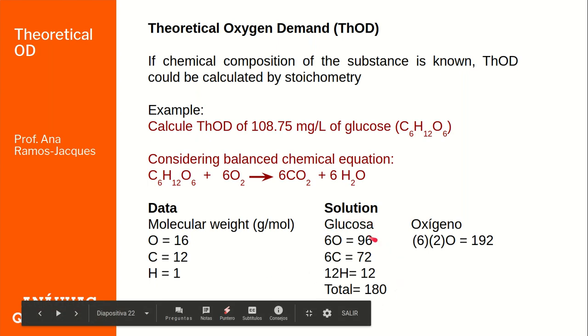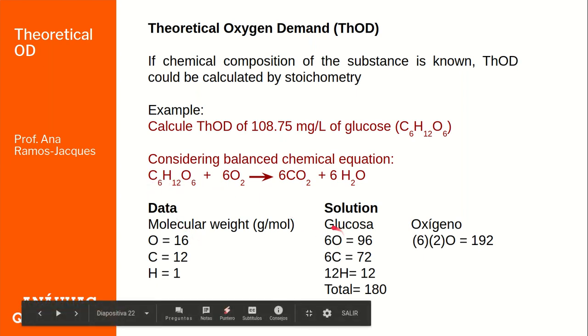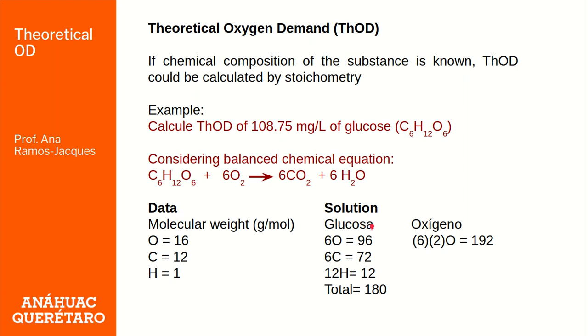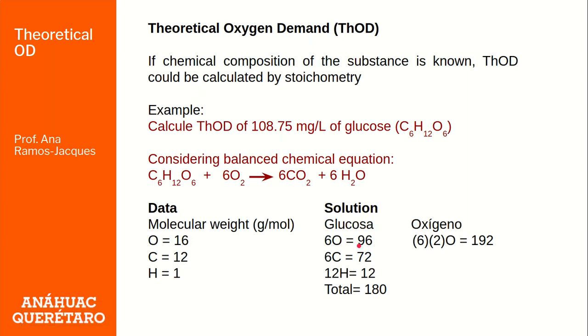Then the solution, you use this molecular weight using this equation. How many oxygens you have in the glucose? You have 6 oxygen, then 6 times the molecular weight, 6 times 16 is equal to 96.